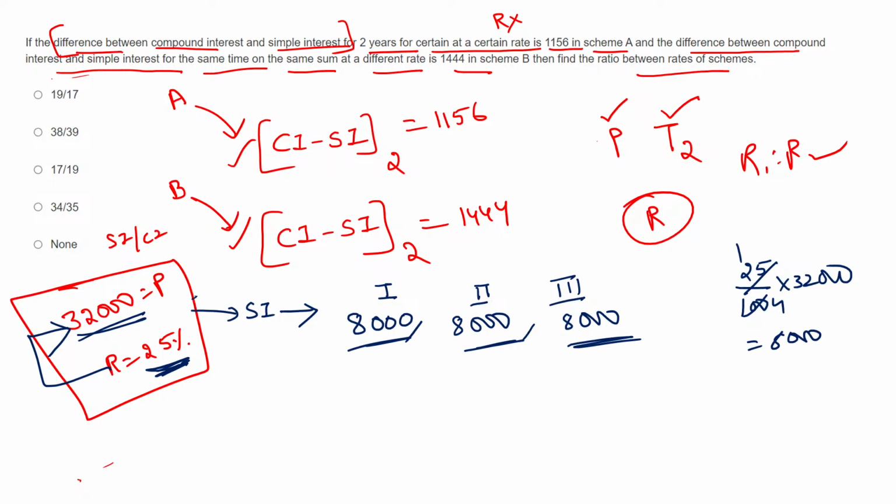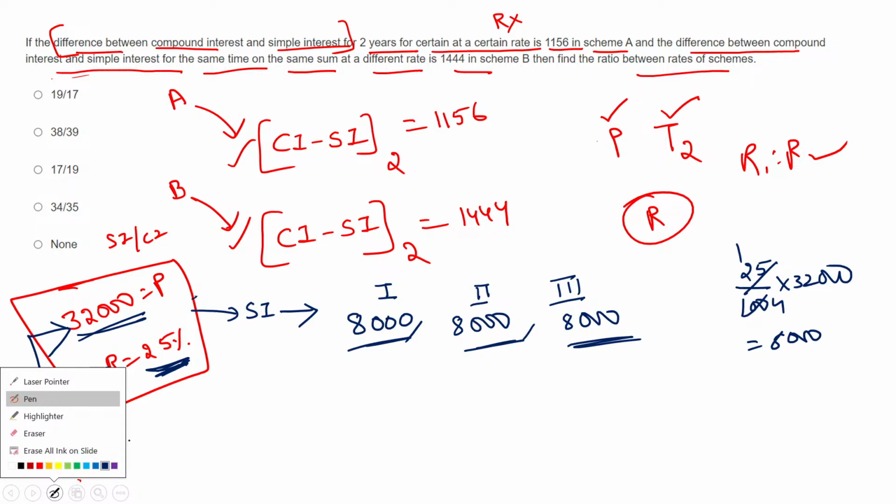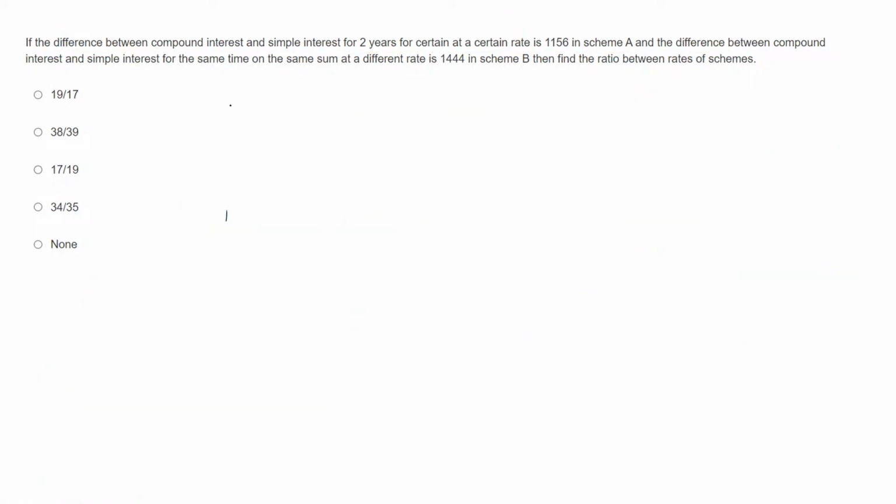Now let's solve it using CI. I will just erase once. Now coming to CI, let us take the same principal amount of 32,000 and the same rate of interest of 25%, but now we are going to calculate interest in terms of CI.